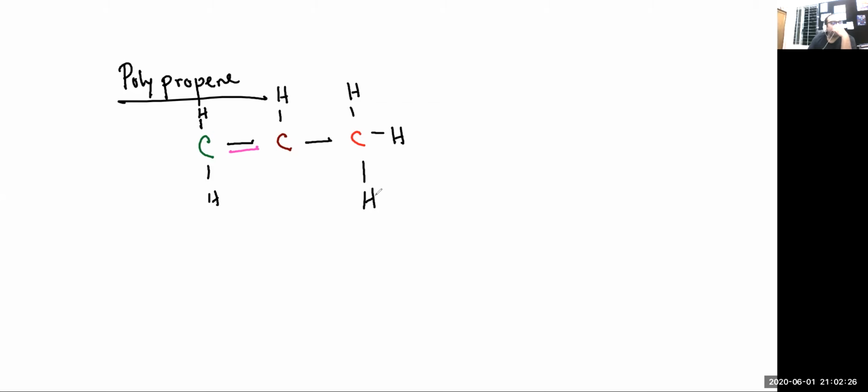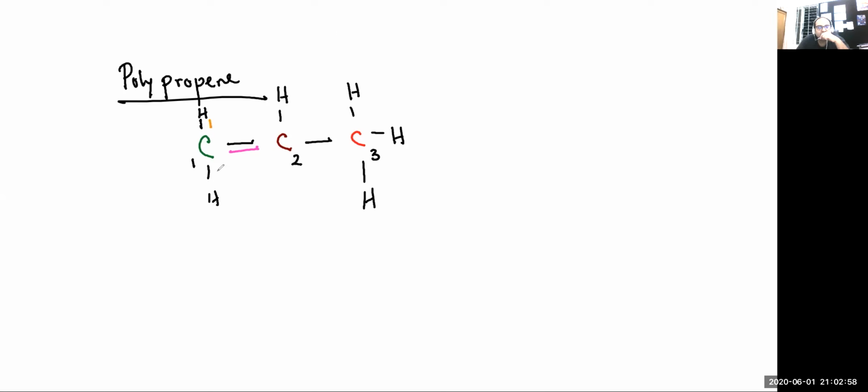So have a very close look at the structure of propene. Propene, look, you have 3 carbons. This is carbon number 1, this is carbon number 2, and this is carbon number 3. This carbon is linked to the first carbon.